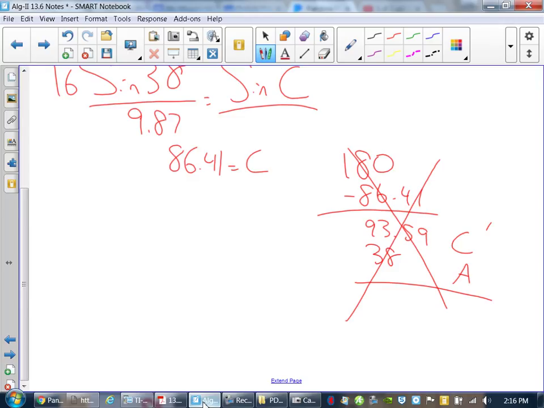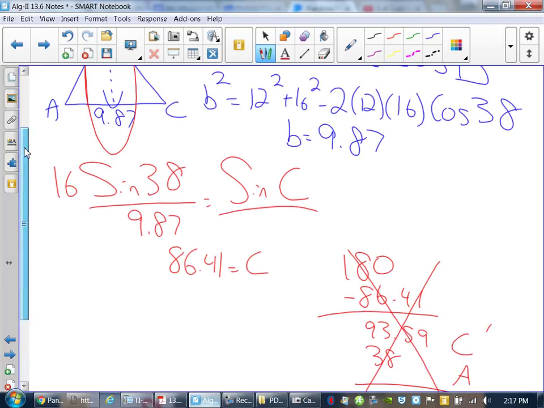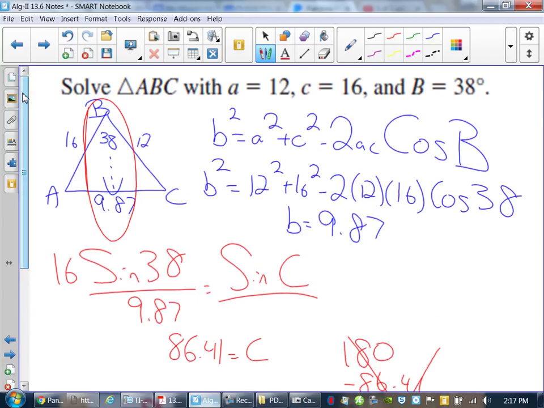And if you wind up having to do two ambiguous cases, you run out of space so fast. So if you have a side side side or a side angle side case for cosine, I will not require that you look for the secondary triangle. Is that fair? Let's save that for pre-calc. Yay.